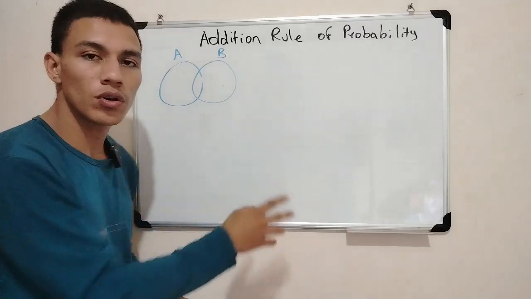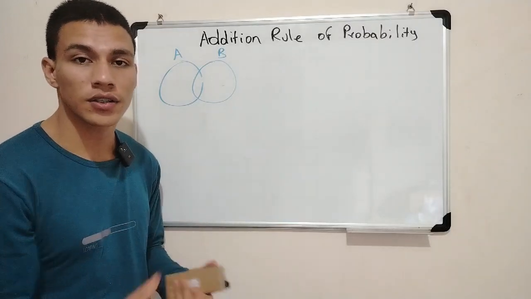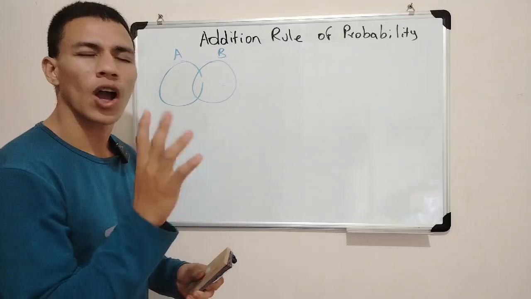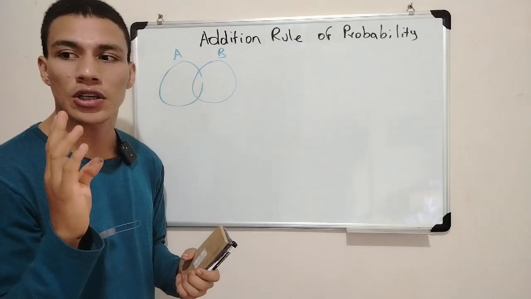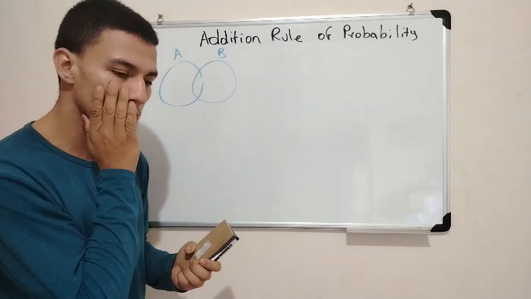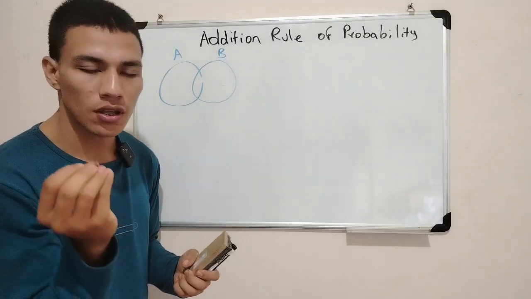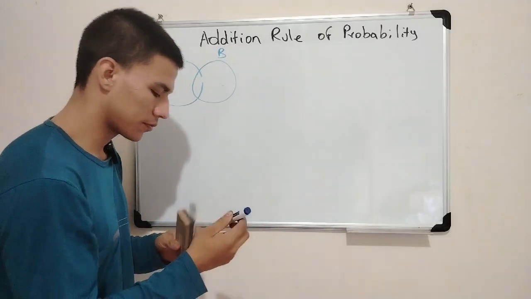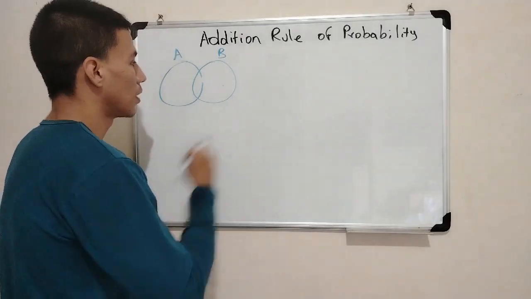The one I will give you uses a deck of cards. So how many cards are there in a deck of cards? There are 52 cards, just to exemplify this.